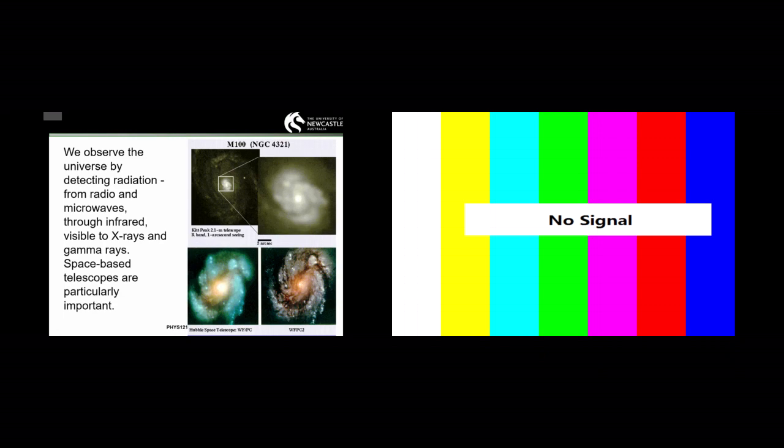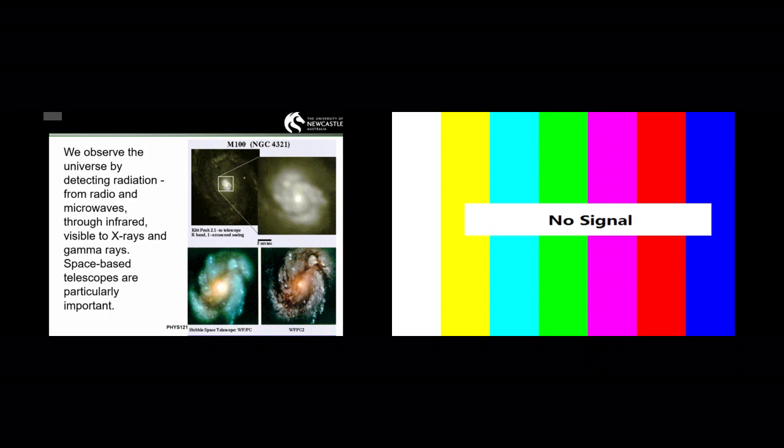So how do we make these observations? Ultimately, the only information that we have about the universe comes from observing the electromagnetic spectrum, from observing radiation. One part of the electromagnetic spectrum is visible light, but longer and shorter wavelengths are also things like microwaves and radio waves.